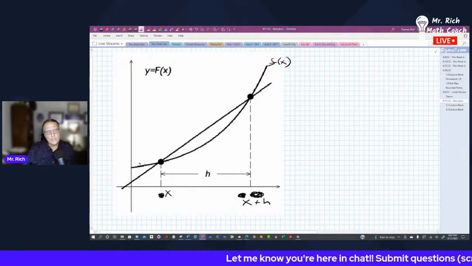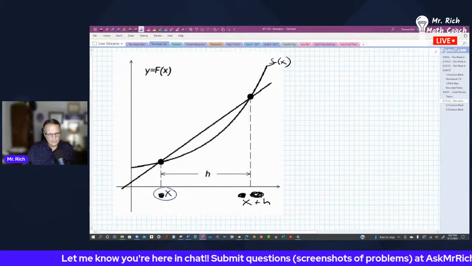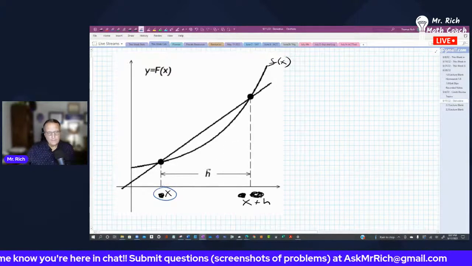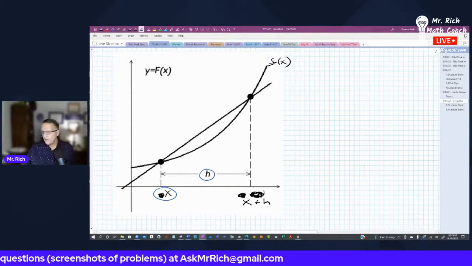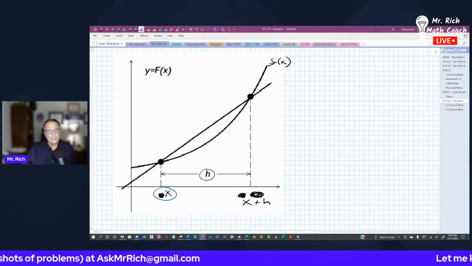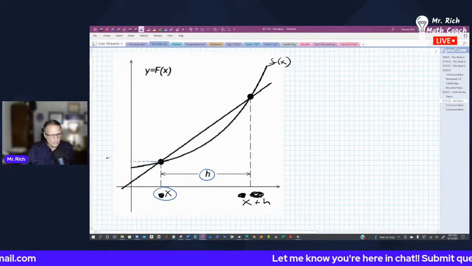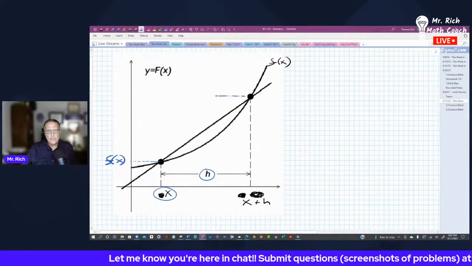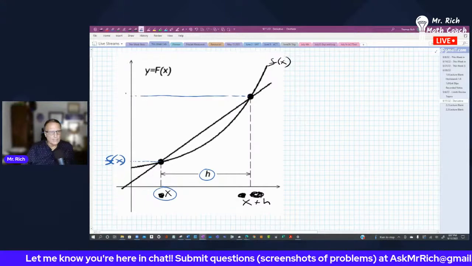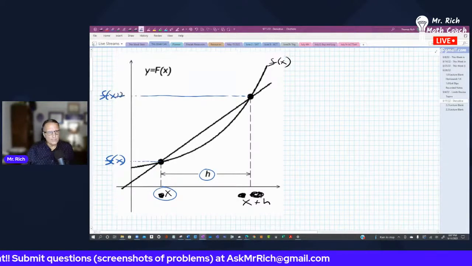Notice that I have defined one of the values of x to be x right here. Then I've decided to come out a distance h away from x, which makes this value on the x-axis x plus h. That also means the associated y value we can call f of x, and the y value that goes with x plus h, we're going to call f of x plus h.